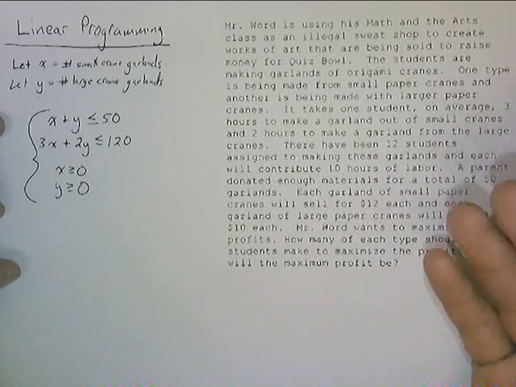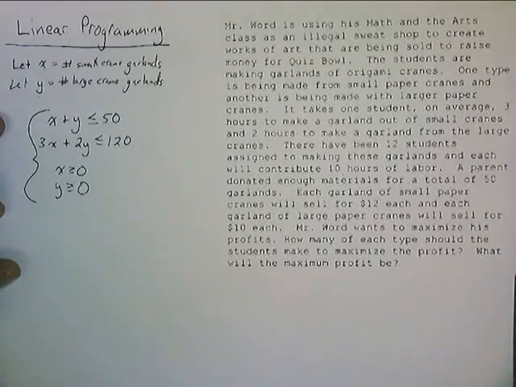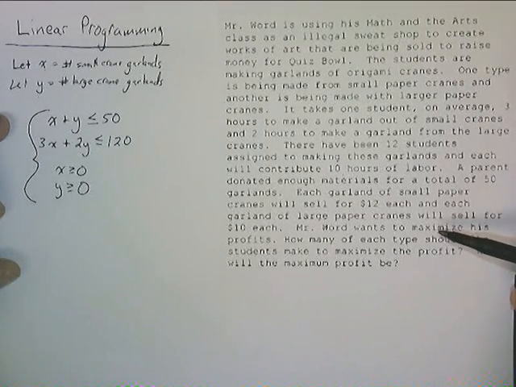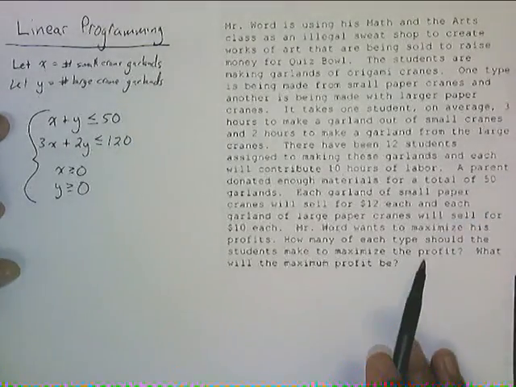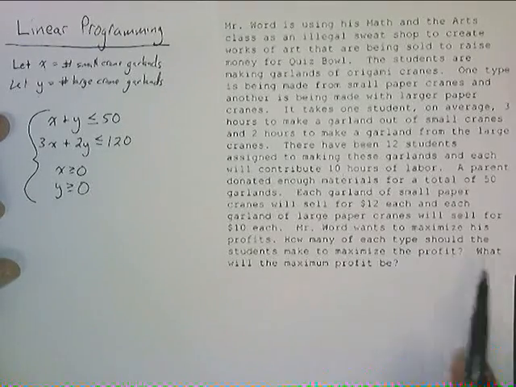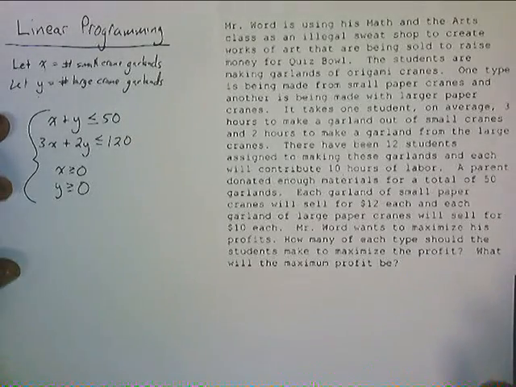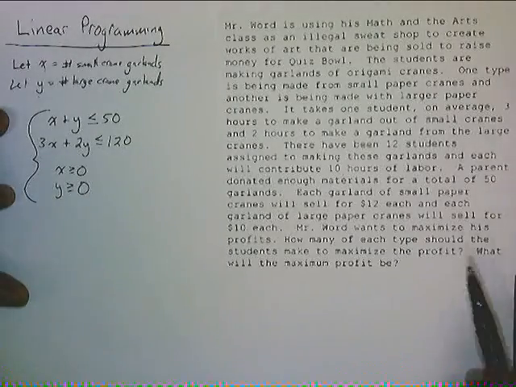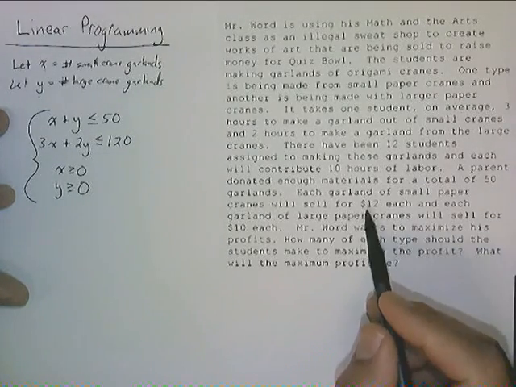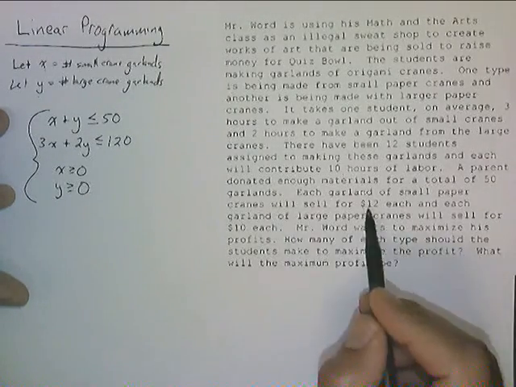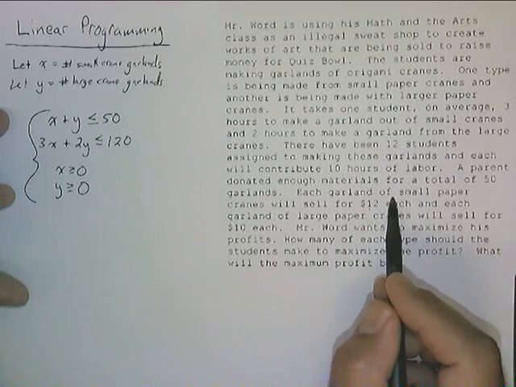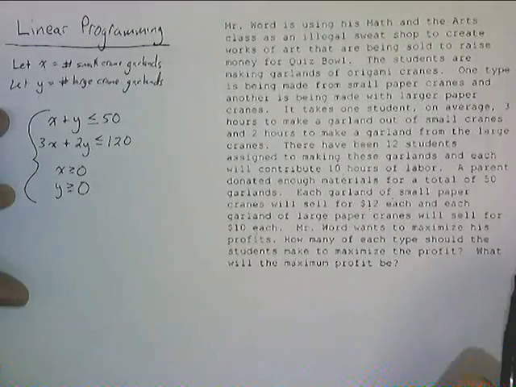The other thing we need to pay attention to is what we're trying to maximize. We're trying to maximize profit. The profit comes from selling all of these garlands, and we're going to assume we sell all of them. We make $12 off each small crane garland and $10 off each large crane garland.